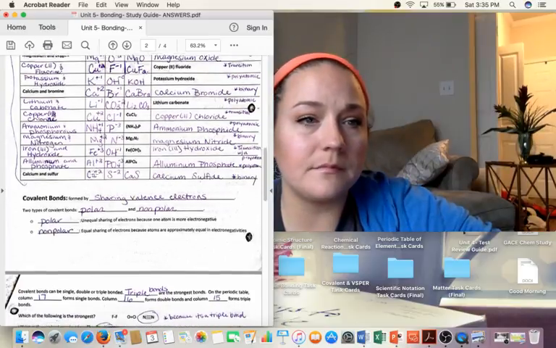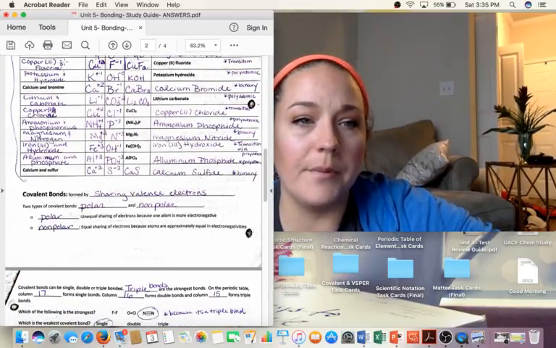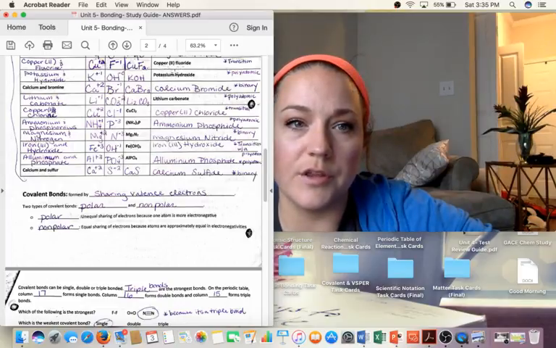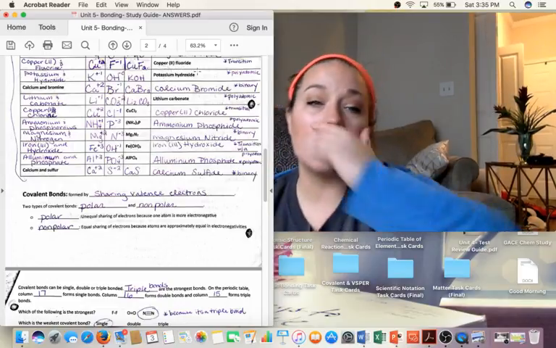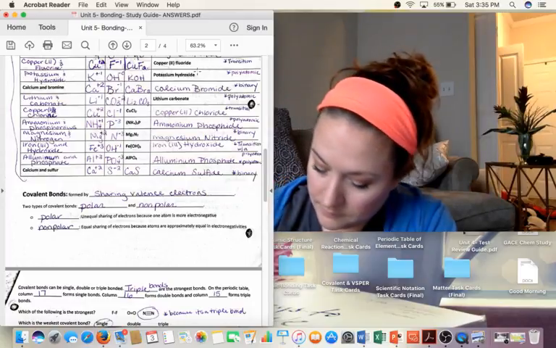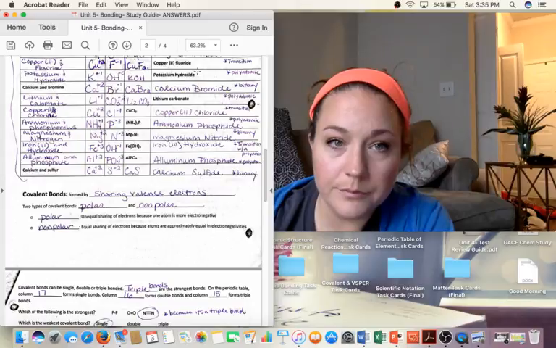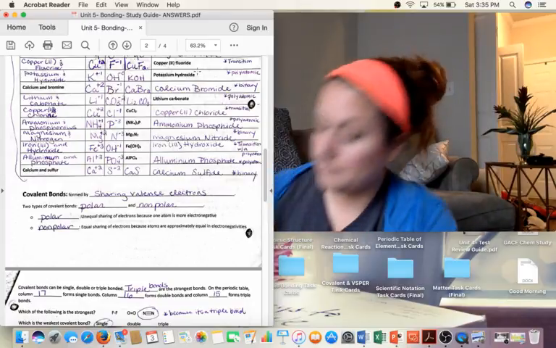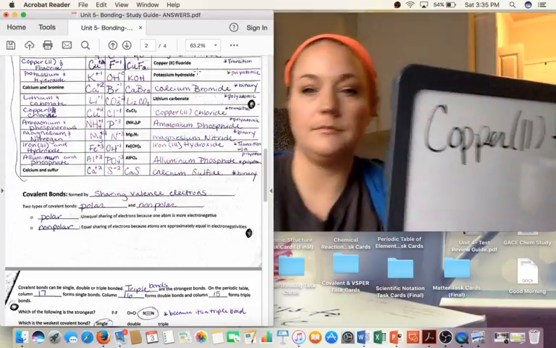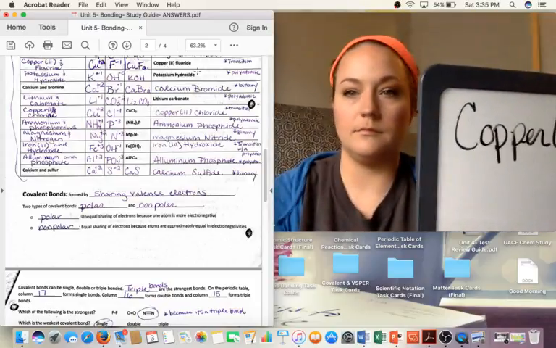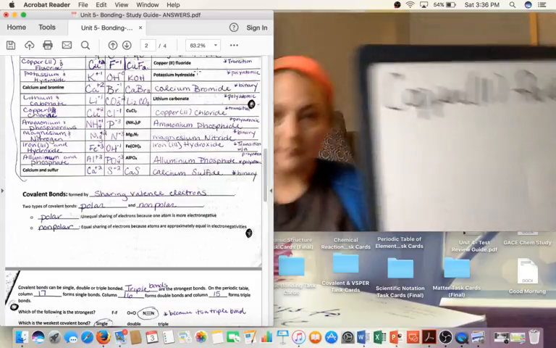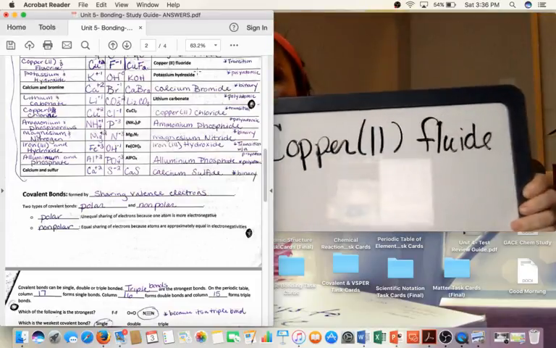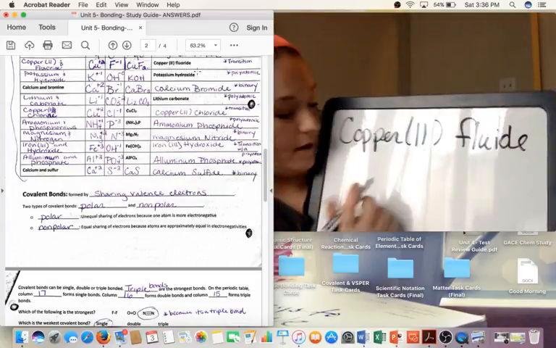All right, next one is copper, and it gives you copper, parentheses 2, close parentheses, fluoride. So working backwards. So you have copper 2, and you have fluoride.